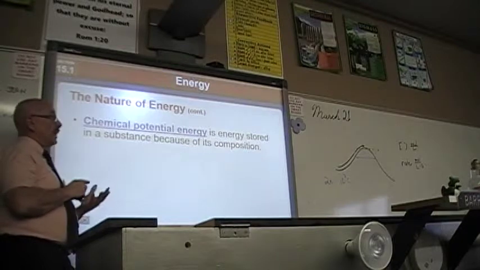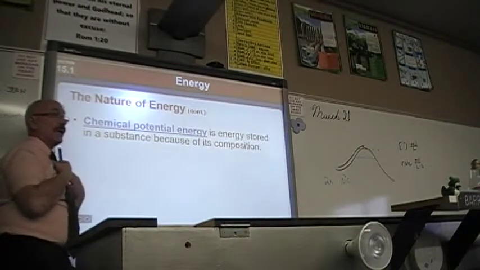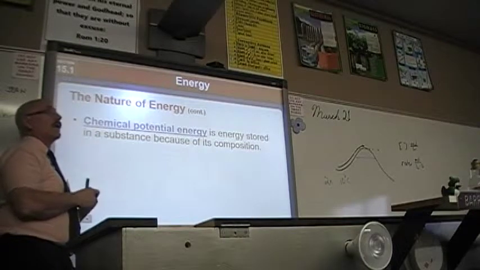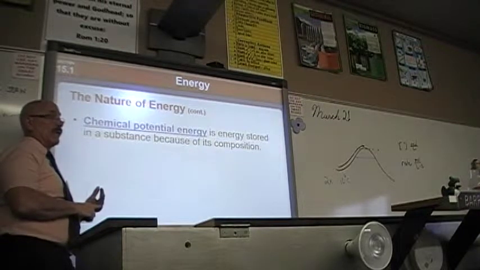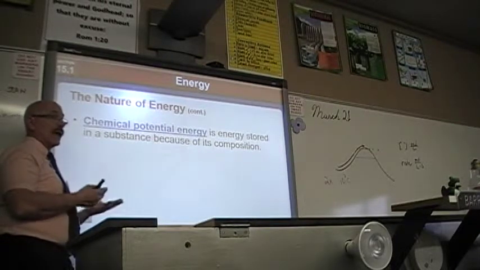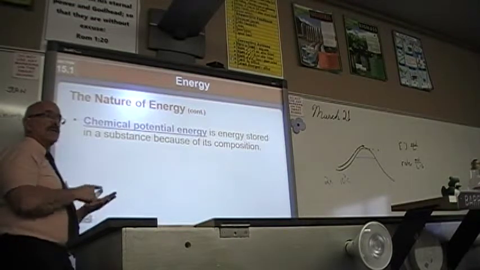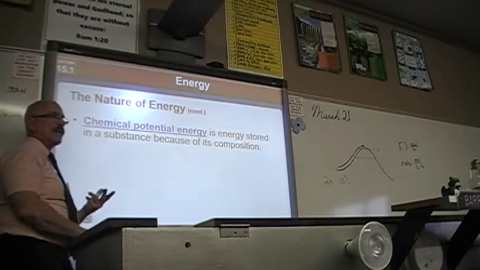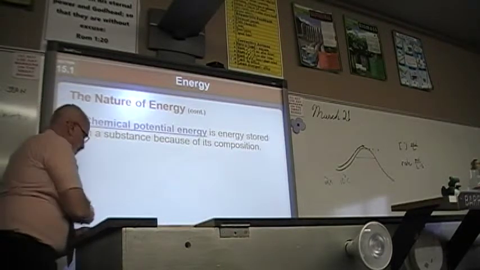Batteries are the most famous kind of chemical potential energy, but also in food that we eat, that's chemical potential energy. Fire, when we burn logs, that's chemical potential energy. Oil, when we burn it in our cars, or gasoline, chemical potential energy. Methane gas, propane gas, anything we explode, anything we burn, chemical potential energy, okay? Lots of stuff.